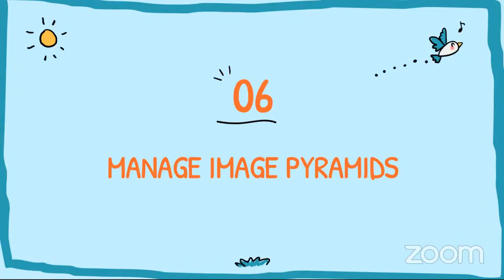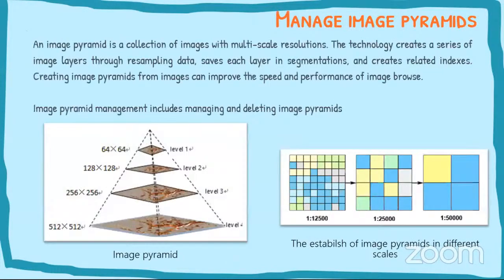Next, we're going to take a look at how we can manage image pyramids. An image pyramid is a collection of images generated according to certain rules from fine to coarse resolution.